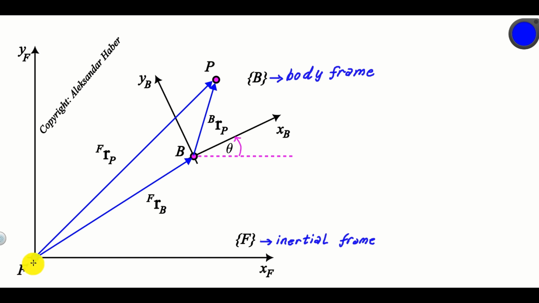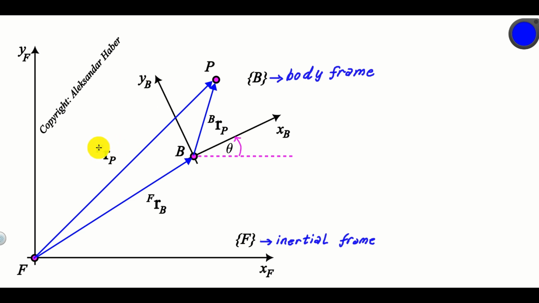The points F and B are the origins of the frames F and B. XF and YF are the coordinate axes of the frame F. Similarly, XB and YB are the coordinate axes of the frame B.